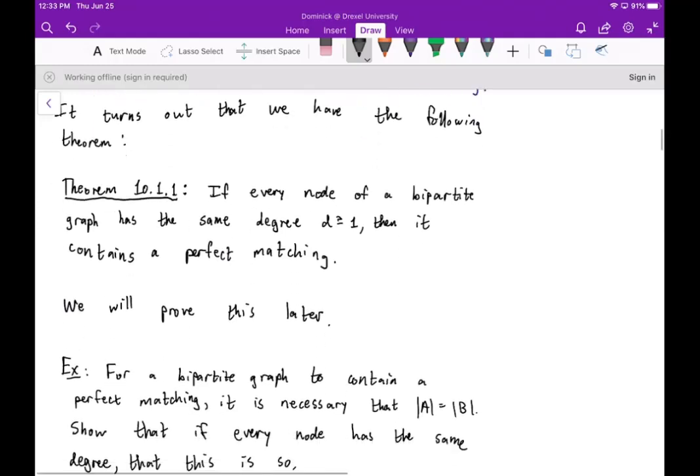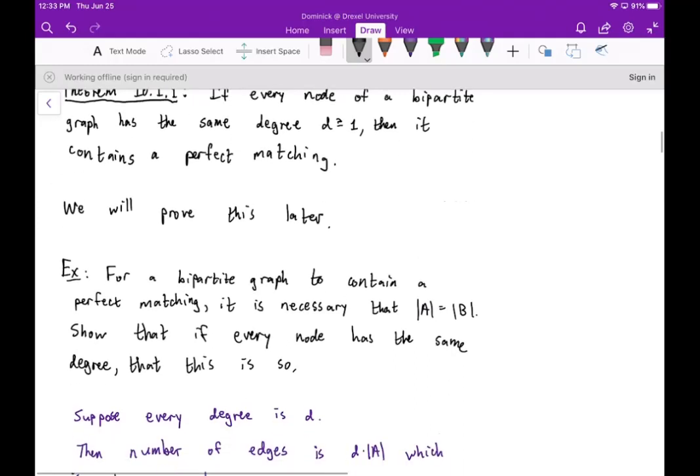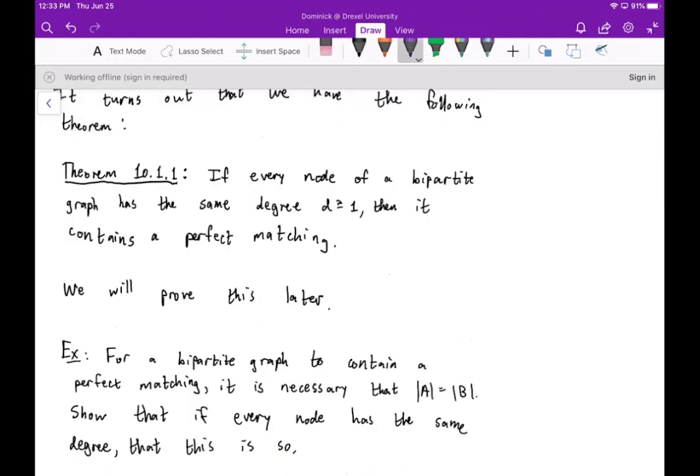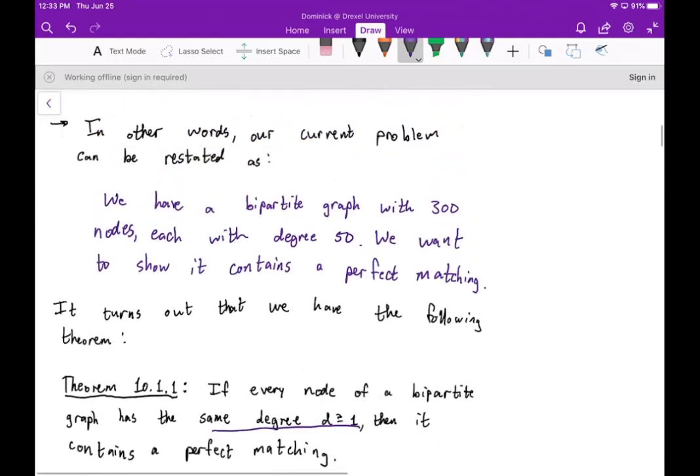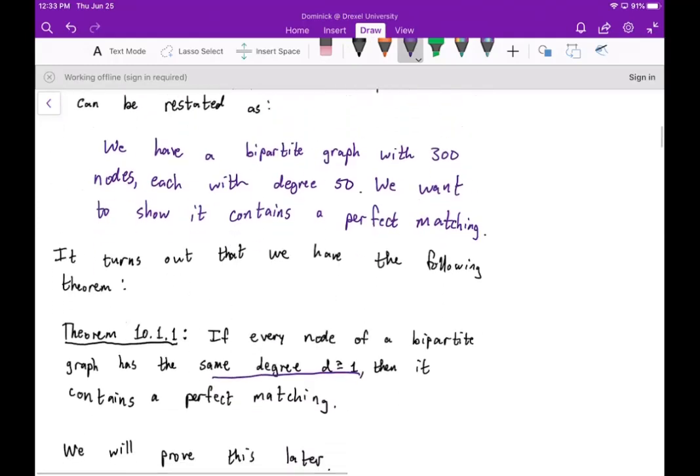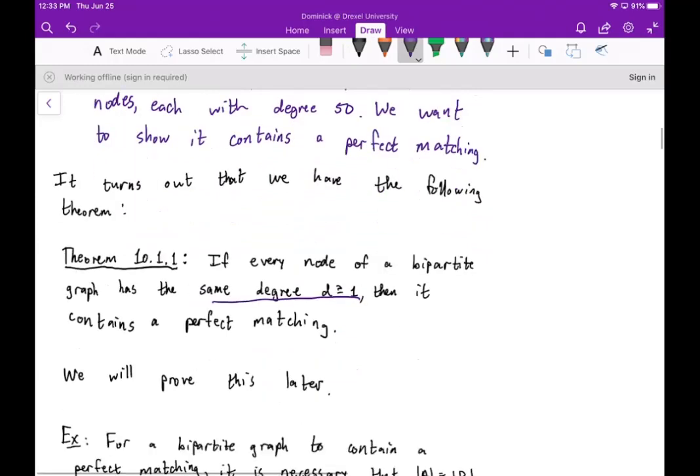This is something that we'll prove later. So of course, in our scenario, every node has degree 50, so we're going to have a perfect matching there.